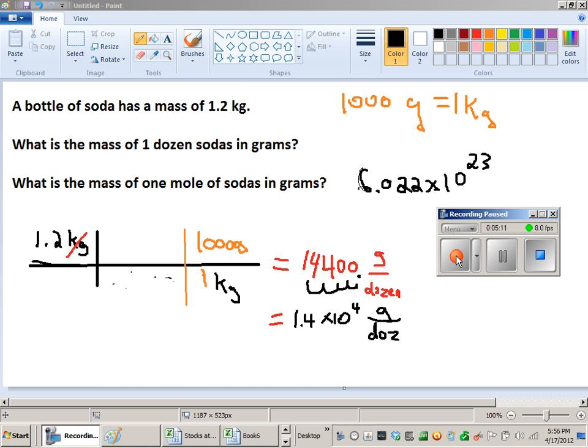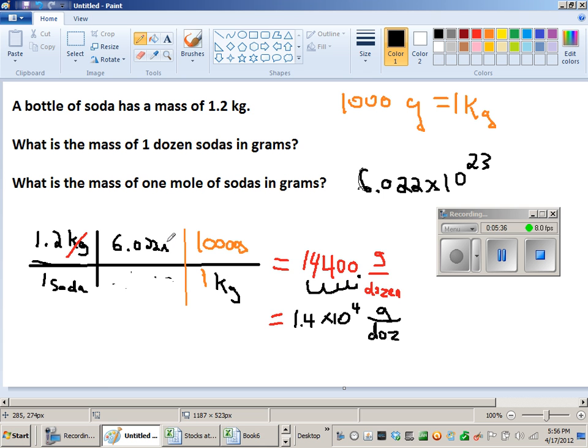What about moles? Okay, so really it's mostly the same problem. I still start with 1.2 kilograms per soda. But now I'm going to use the counting number of a mole, that a mole is 6.022 times 10 to the 23 sodas.